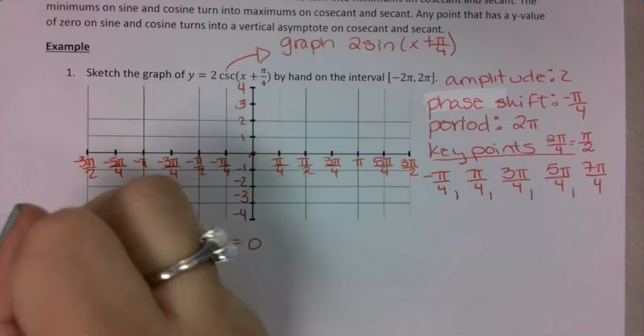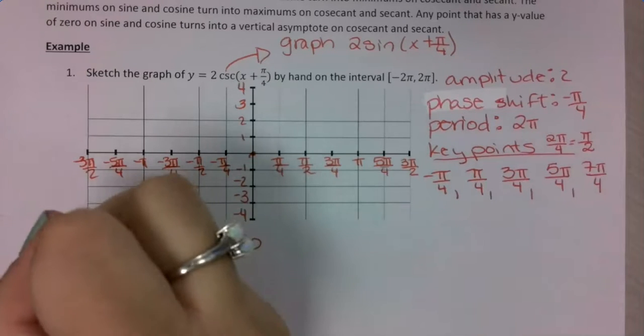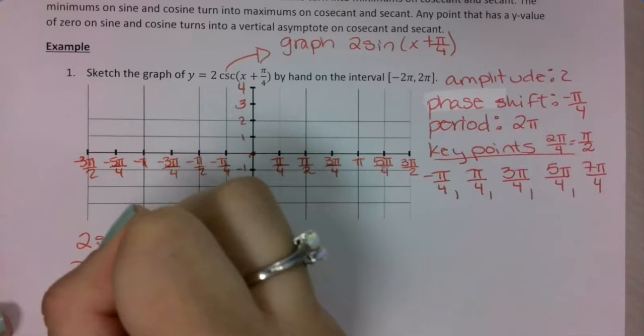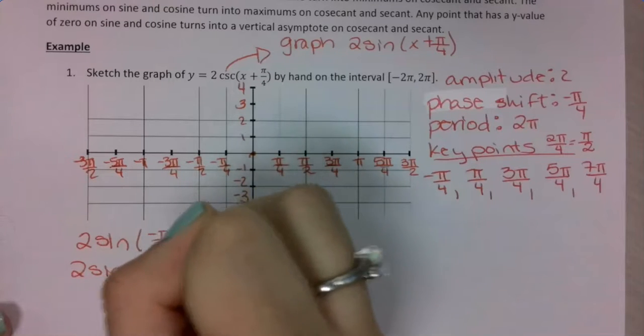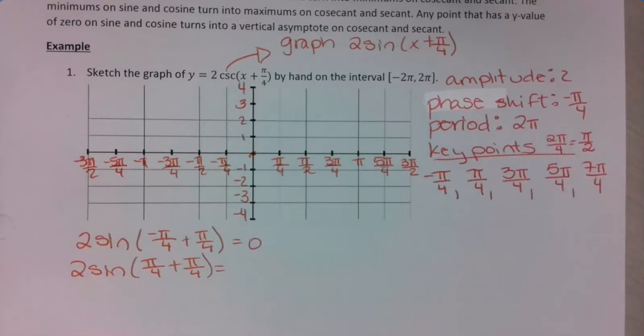Okay, so then the next point I want to plug in is positive pi fourths. So what do I get here?